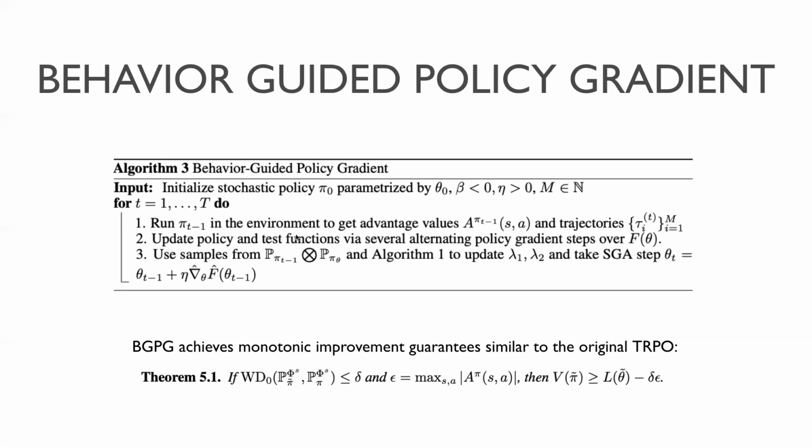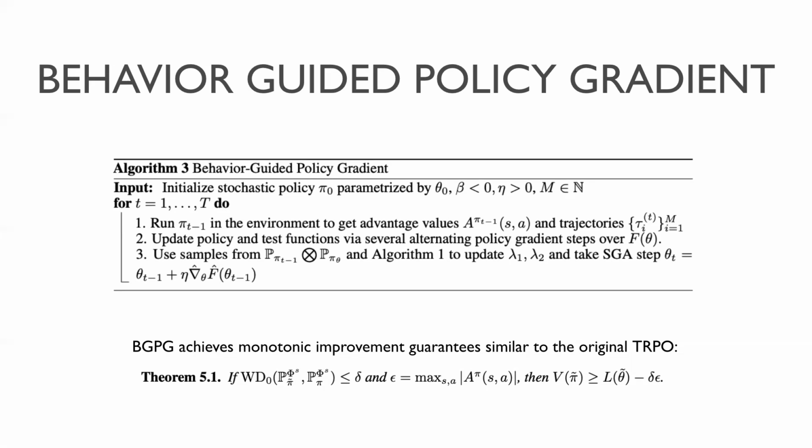So now the idea is that we have an alternating optimization problem where first we take a step of this sort of synchron-like algorithm for the embedding space to update the test functions, using a random features approximation of the test functions. Then we freeze the test functions and take a policy gradient step on the parameters of the policy, and then repeat.